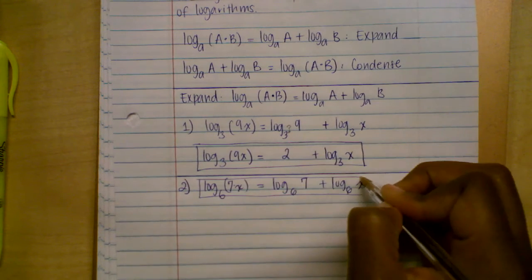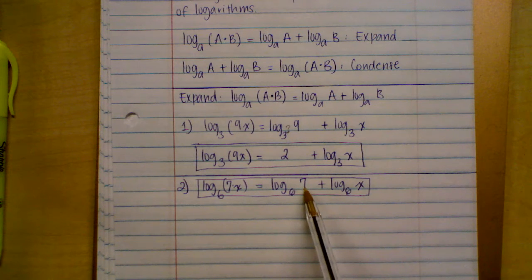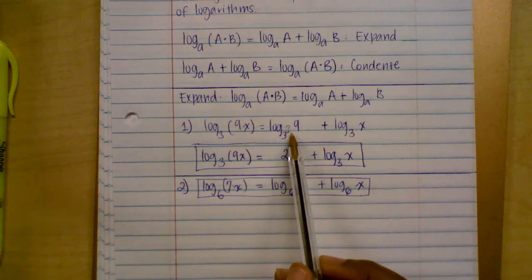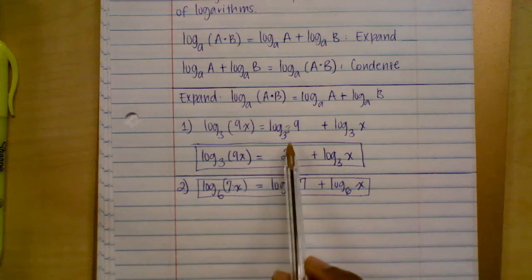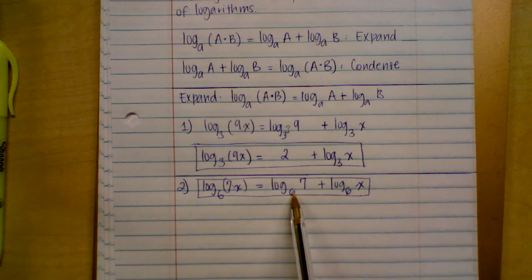If you want to find the exponent you give to the base 6 so that the answer is 7, we cannot do that in our head like we did here, because it was pretty simple to find the exponent you give to the base 3 so the answer is 9, which is 2. Here it will be a lot harder.